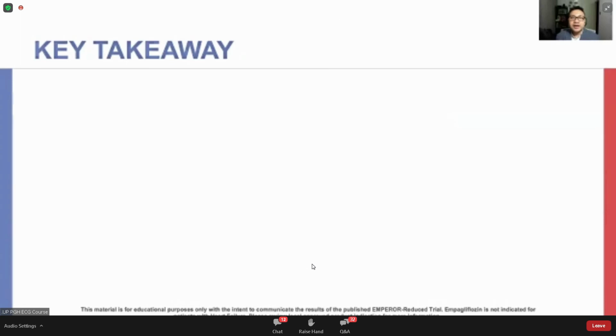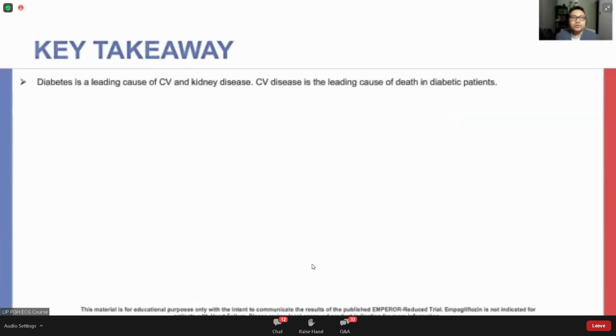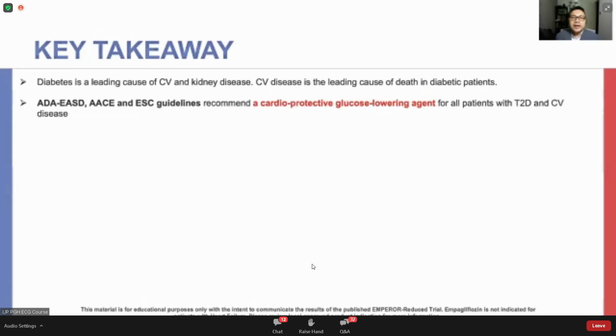And as a key takeaway point, I've shown to you that diabetes is a leading cause of CV and kidney disease, and it's a leading cause of death, particularly of cardiovascular cause. In the 3 guidelines, I've shown to you that they recommended a cardioprotective glucose-lowering agent for all type 2 diabetic patients with cardiovascular disease.